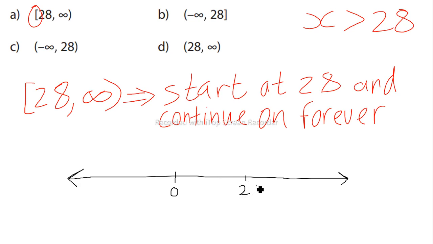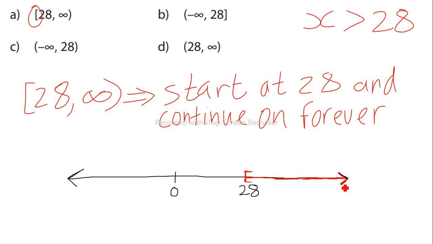We're going to start at 28, and we're going to use the closed bracket to indicate that we are starting at 28. And then we're going to continue on forever, all the way until positive infinity. So start at 28 and get increasingly large.